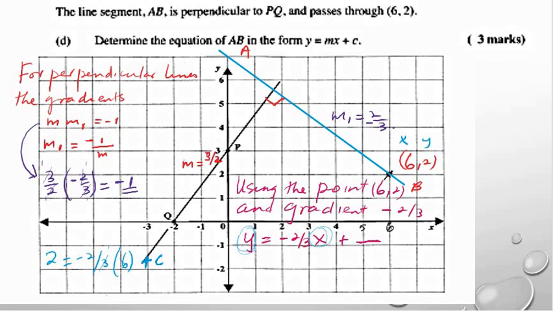1 3 is 3, 2 3 is 6, 2 by negative 2 is negative 4. So 2 plus 4 is equal to c. So c is equal to 2 plus 4, which is 6. So my equation is y is equal to negative 2/3 of x plus 6.